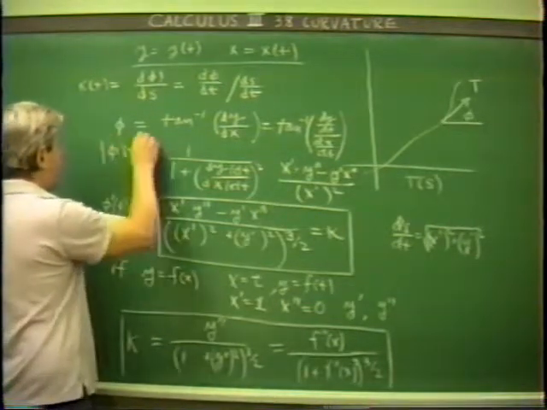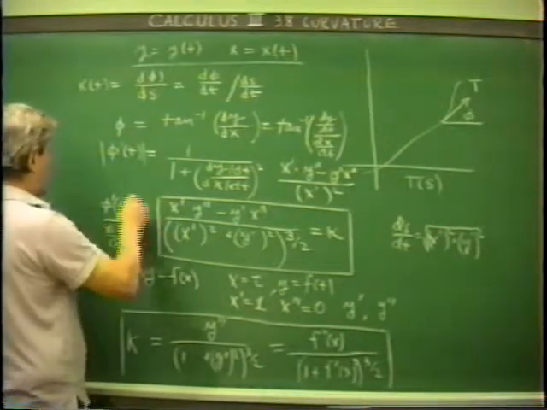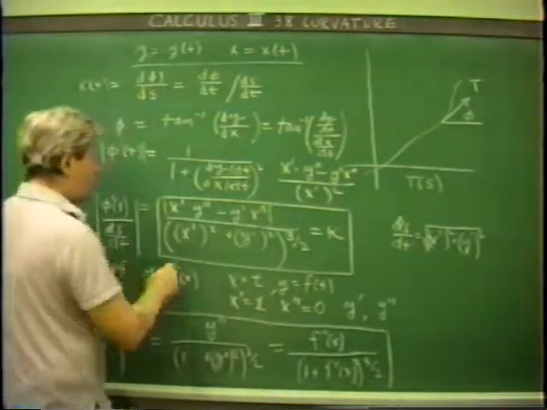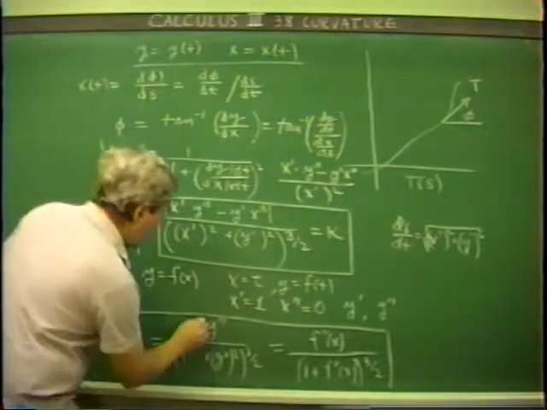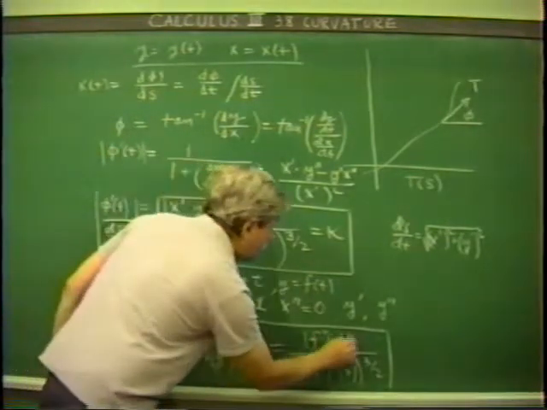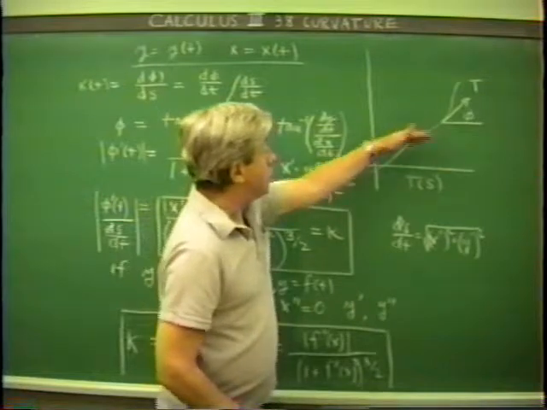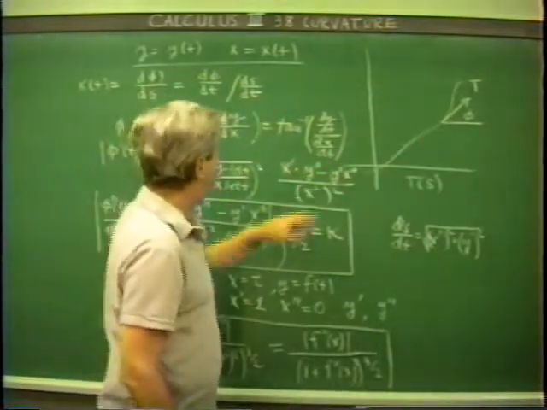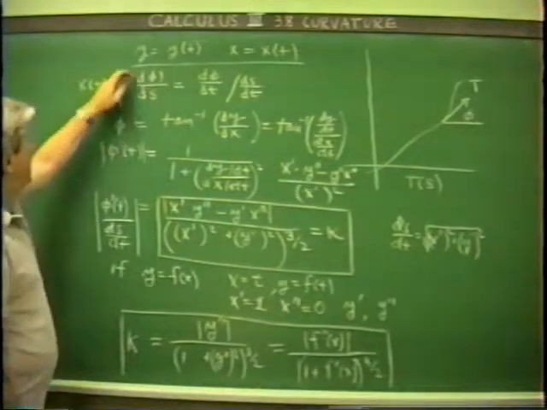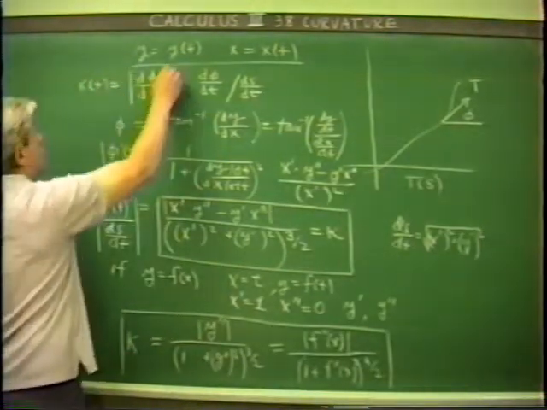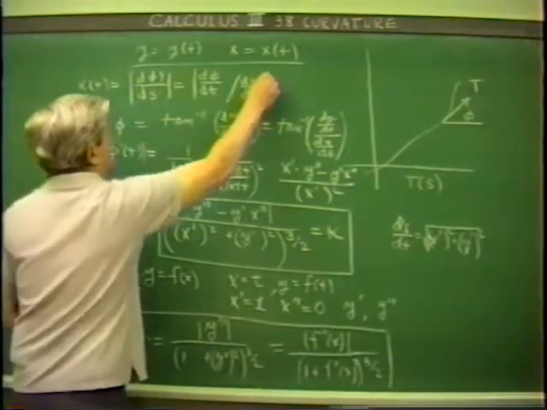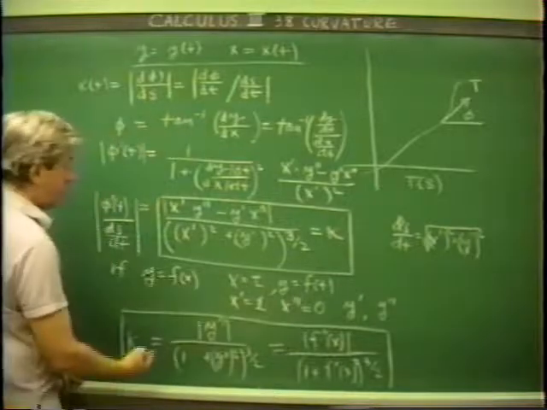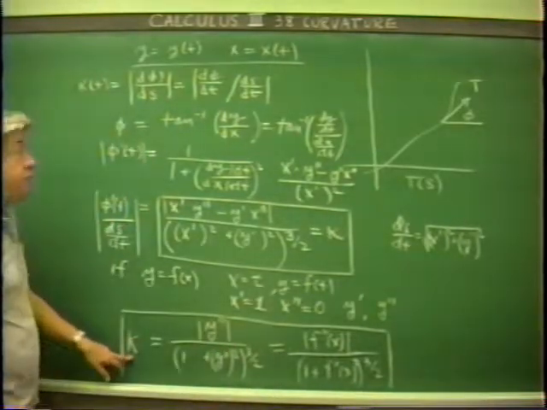All right. We should make one slight correction here, and that is to put absolute values around the double prime terms in the numerator. The denominator doesn't require them. In the event that the curve is going the other direction, we want the curvature to be represented by the magnitude of d phi/ds.